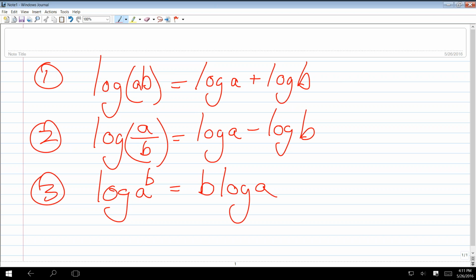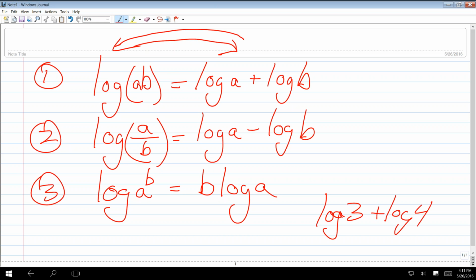And you want to be able to go both ways on this. In other words, when I go this way, it's called expanding the logarithm. But when I condense it, I'm going this way. So if I said I've got the log of 3 plus the log of 4, it's going to be the same as the log of 3 times 4, 12.